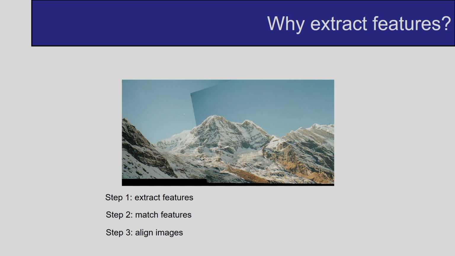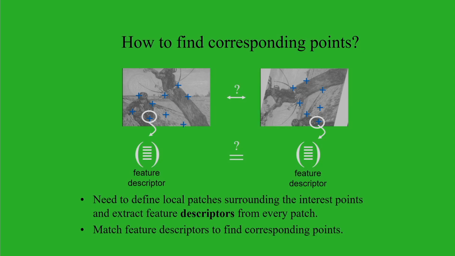So, this is the method of image stitching. First I have to extract the features, then match the features, and finally align the images. Now, if I want to find the correspondence between these two images, you can see one is the left image, another one is the right image. Corresponding to this point I am considering the feature and the feature descriptors, and corresponding to the right image also I am considering one important point, that is the interest point, and its feature descriptors.